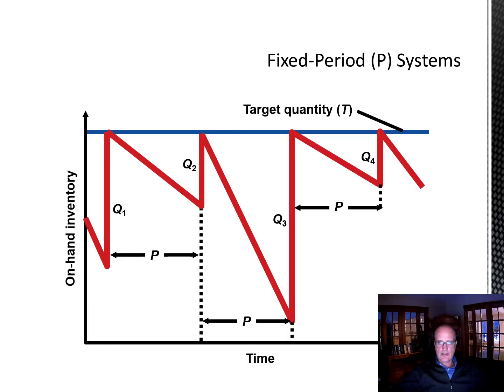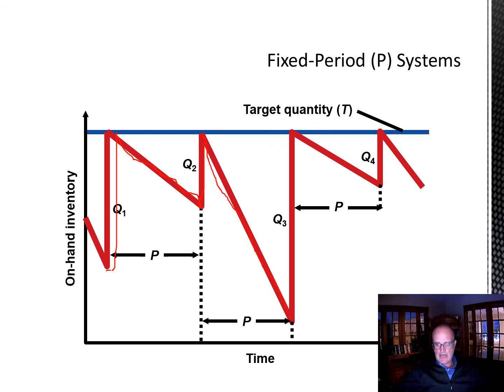And so in that circumstance, you have the target, and each time period, P, we order. So if we take an inventory and we're here, we order this much up to that level. And then our demand gets used over time period P. We then again look, we've got this much, so we order Q2 and get us back up to that level.